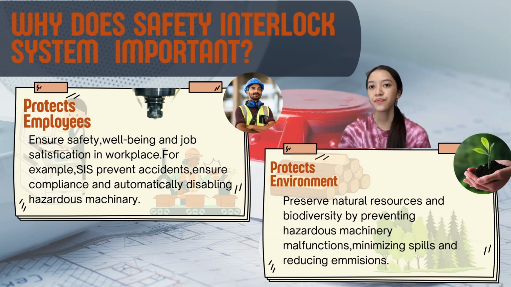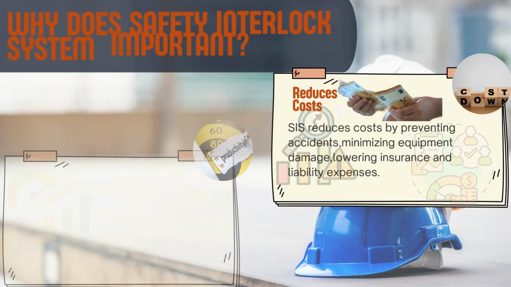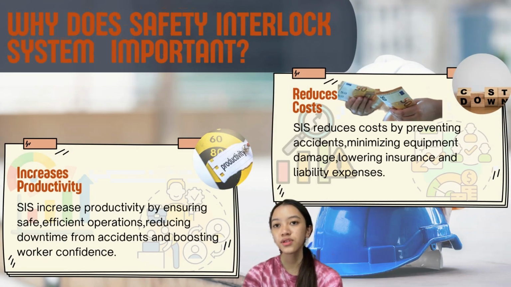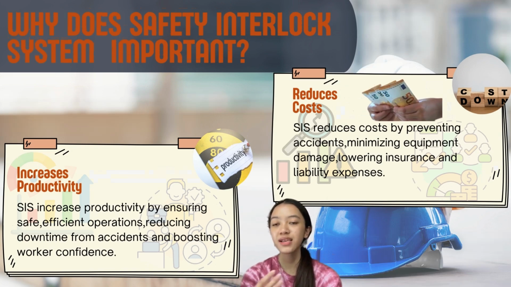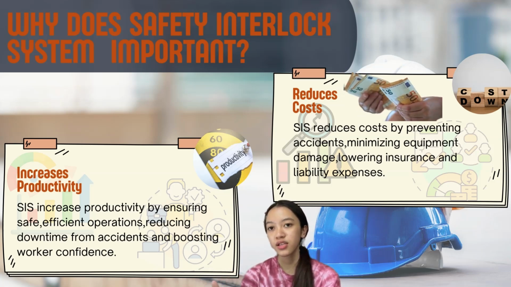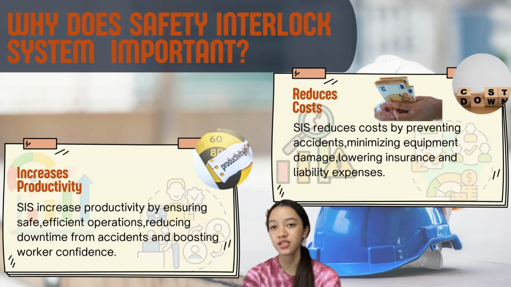Not only that, SIS also protects the environment by preserving natural resources and biodiversity by preventing hazardous machinery malfunctions, minimizing spills, and reducing emissions. Thirdly, SIS also reduces costs by preventing accidents, minimizing equipment damage, and lowering insurance and liability expenses.